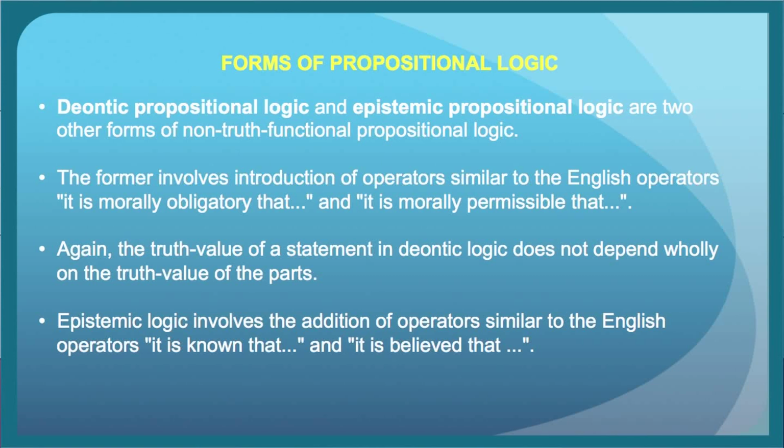Again, the truth value of a statement in deontic logic does not depend wholly on the truth values of the parts. Epistemic logic involves the addition of operators similar to the English operators: it is known that and it is believed that.